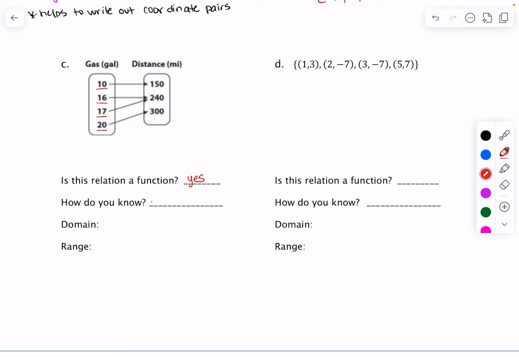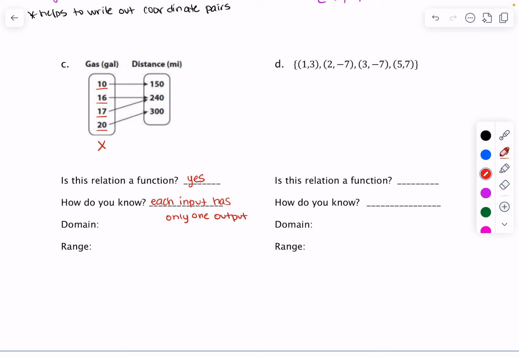And we know that because each input has only 1 output.